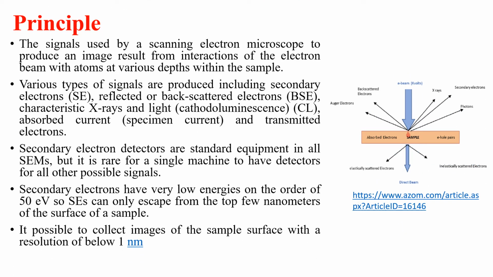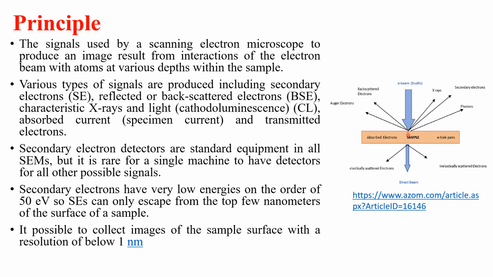Let's see what the basic principle behind this SEM instrument is. As you can see in the figure, a sample is shown, and the electron beam is made incident on the sample's top surface. These electron beams are emitted by the tungsten electron gun, and if you observe, there are different electrons: some are incident on the surface, some are reflected back, and some get transmitted through the sample.